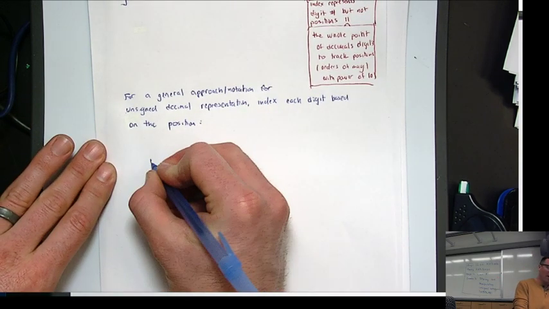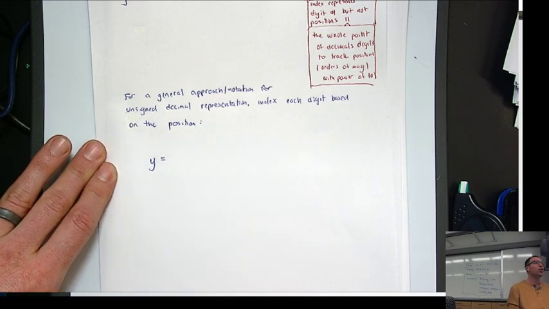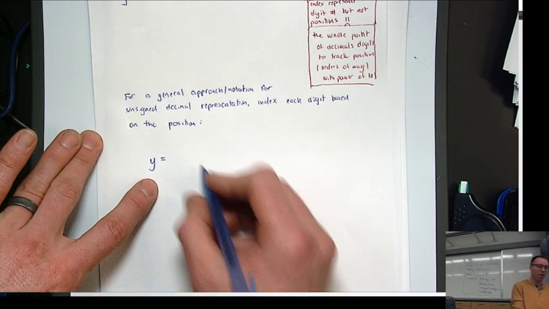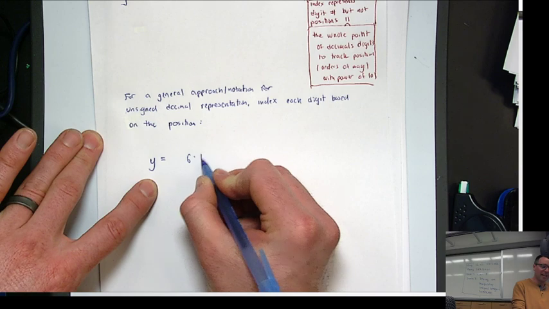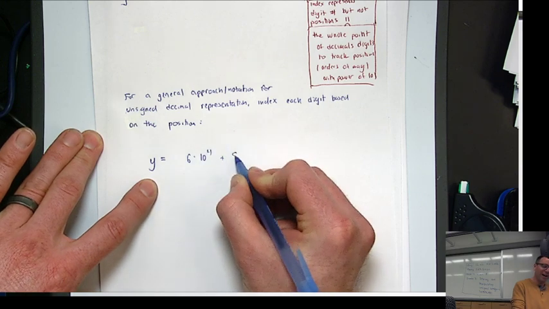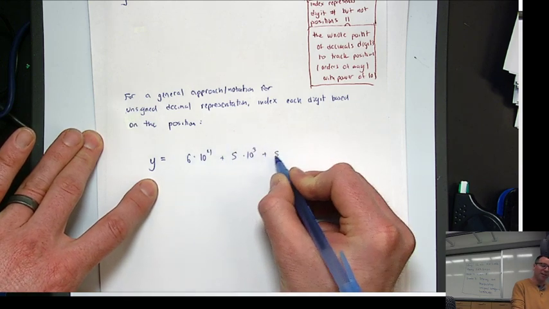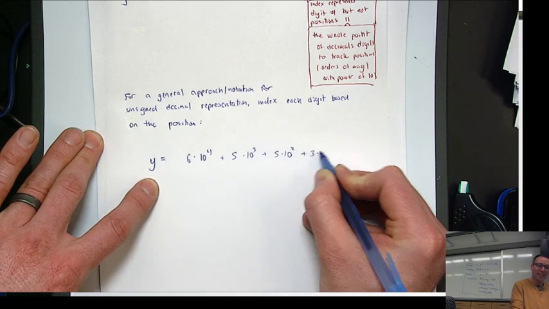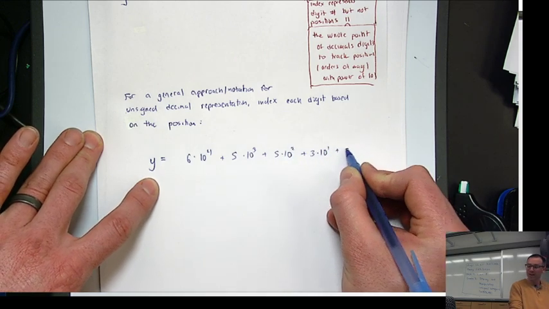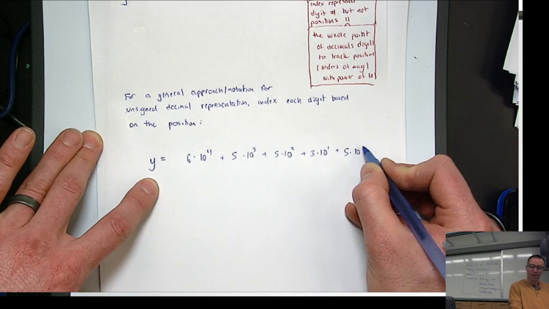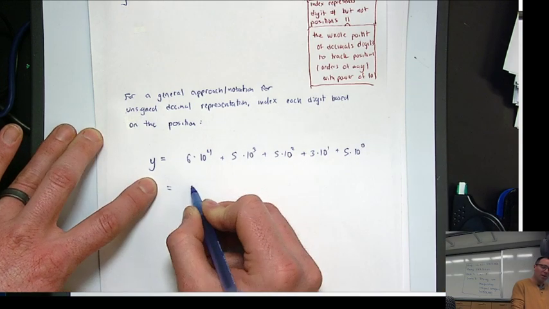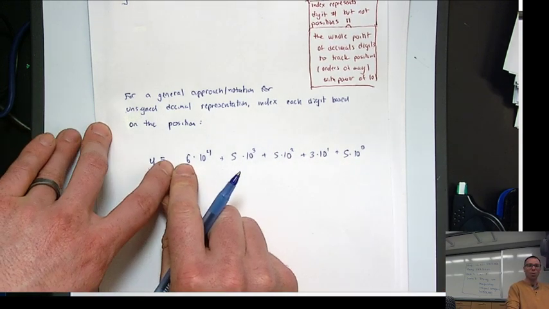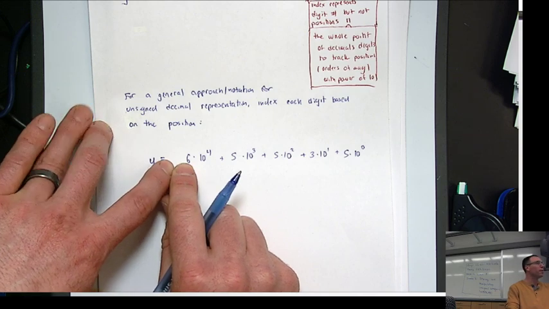So here we go. How would I say this number in general now? Well, the number was 6 times 10 to the 4 plus 5 times 10 to the 3 plus 5 times 10 to the 2 plus 3 times 10 to the 1 plus 5 times 10 to the 0. Okay, let's go ahead and think about this. What's the largest position number there?